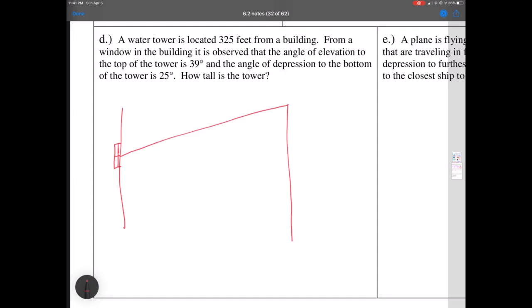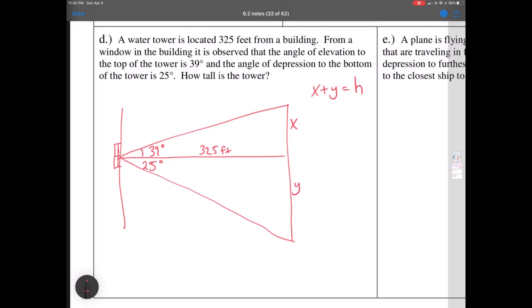So to the top of that, remember your line of sight, your horizontal line, to the top is 39 degrees. To the bottom, 25 degrees. Remember, they're 325 feet apart. And you want to know how tall this tower is. So you're going to find x, and you're going to find y, and x plus y equals the height of the tower.